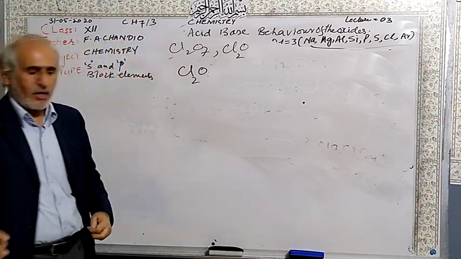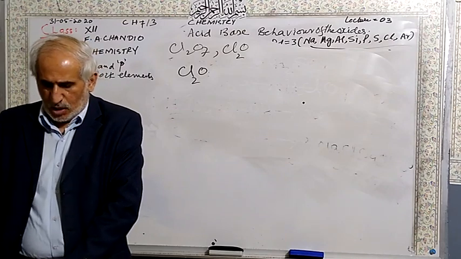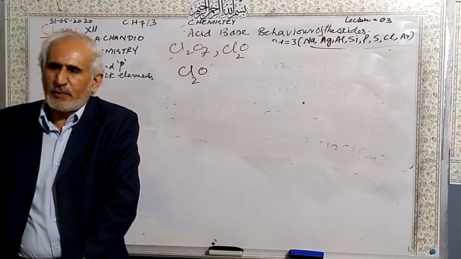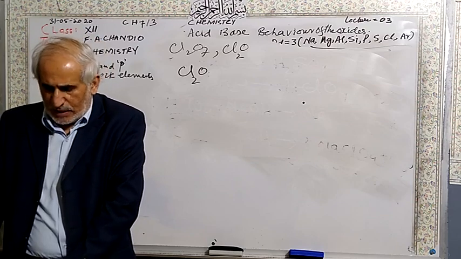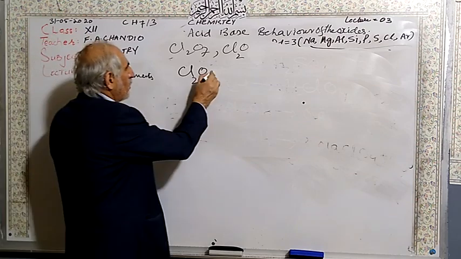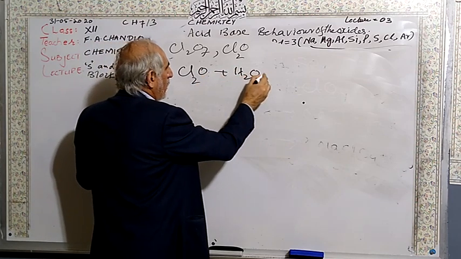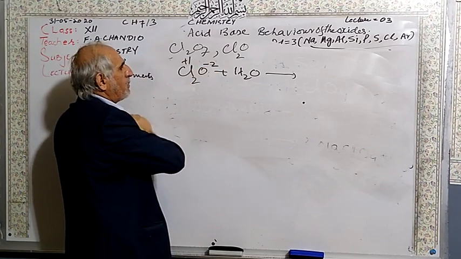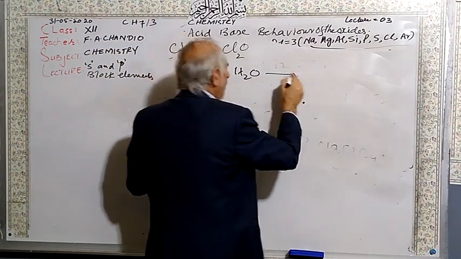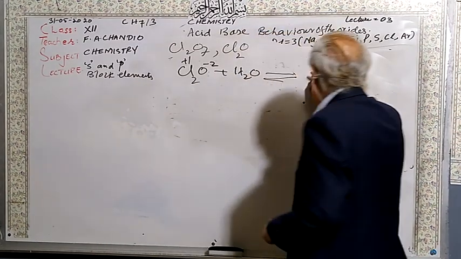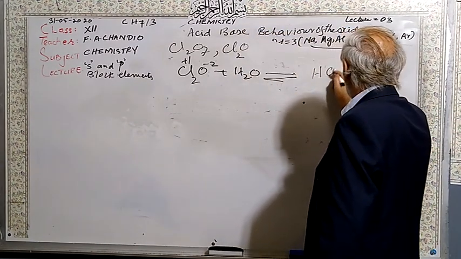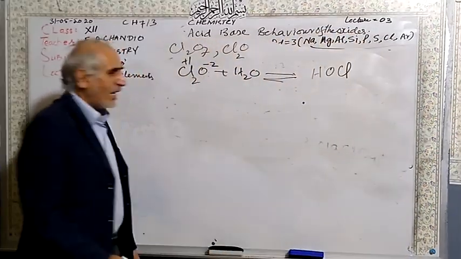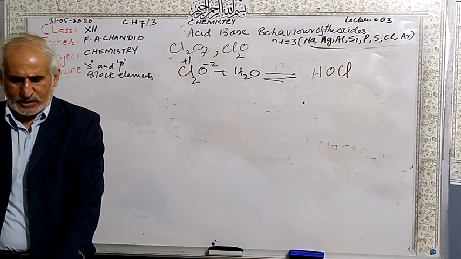Here the oxidation state of chlorine is +1. So when chlorine(I) oxide, because the oxidation state of chlorine is +1, dissolves in water, it gives a reversible reaction and you get hypochlorous acid. This is hypochlorous acid, a reversible reaction taking place.